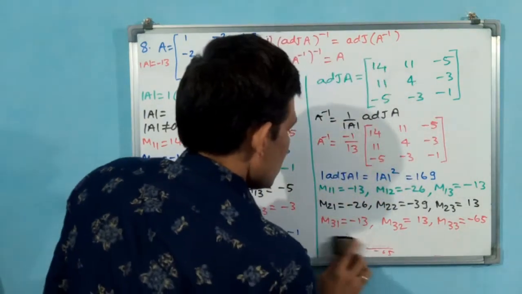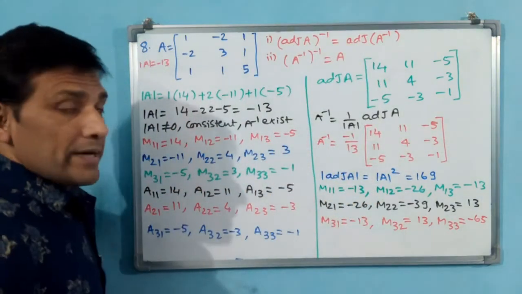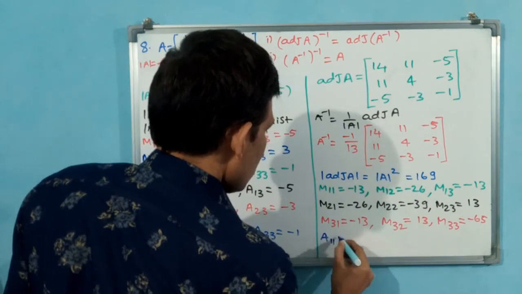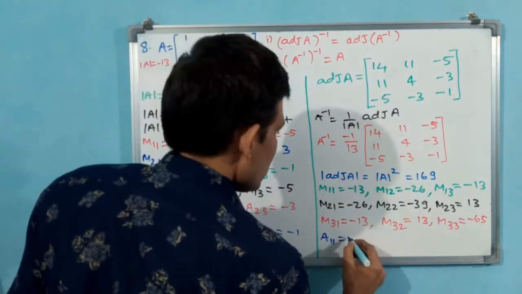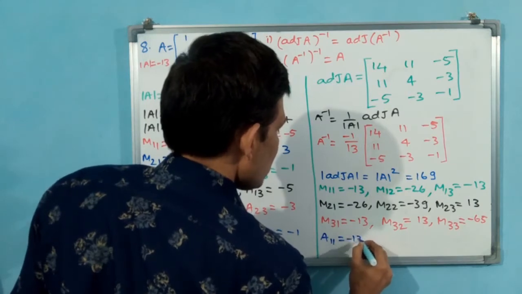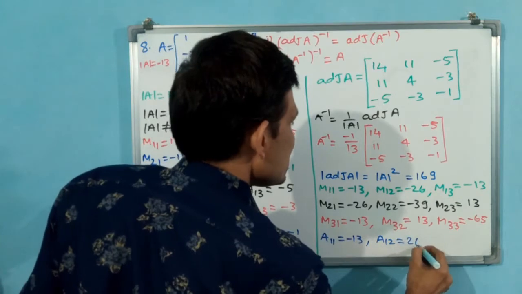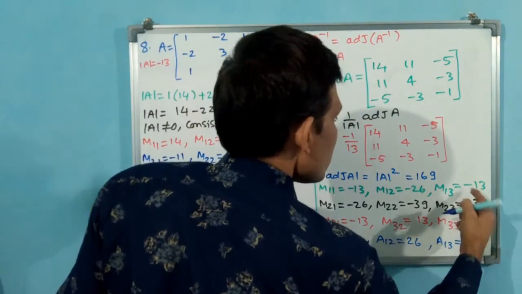Now write the cofactors. Three cofactors we can write here. A11 is equal to, the same you write, minus 13. A12, change the sign, 26. A13, same you write, minus 13.